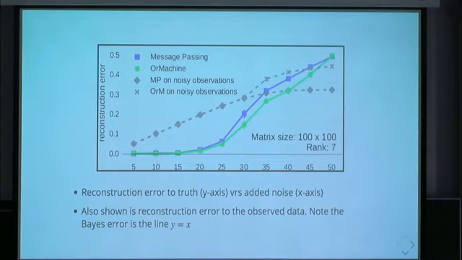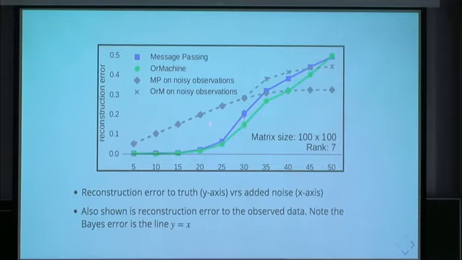That's the Bayes risk associated with that reconstruction. What you can see is that both message passing and our approach are tracking the Bayes risk at about 20% reconstruction error, at around 20% flipping.